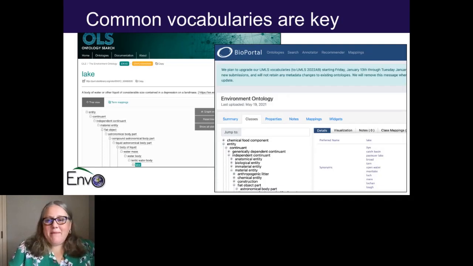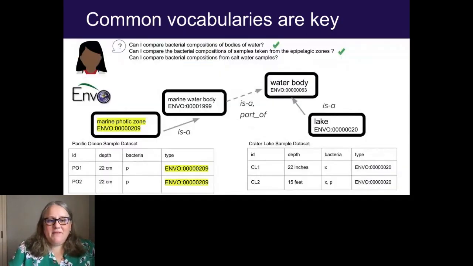So she spends some time with the Ontology Lookup Service, and she finds the common ontology, the Environment Ontology, and she notices right away that she can be more specific about typing her data sets. She even finds one term in the ontology, the marine photic zone, and that describes the exact kind of region of the water body that she wants to work with.